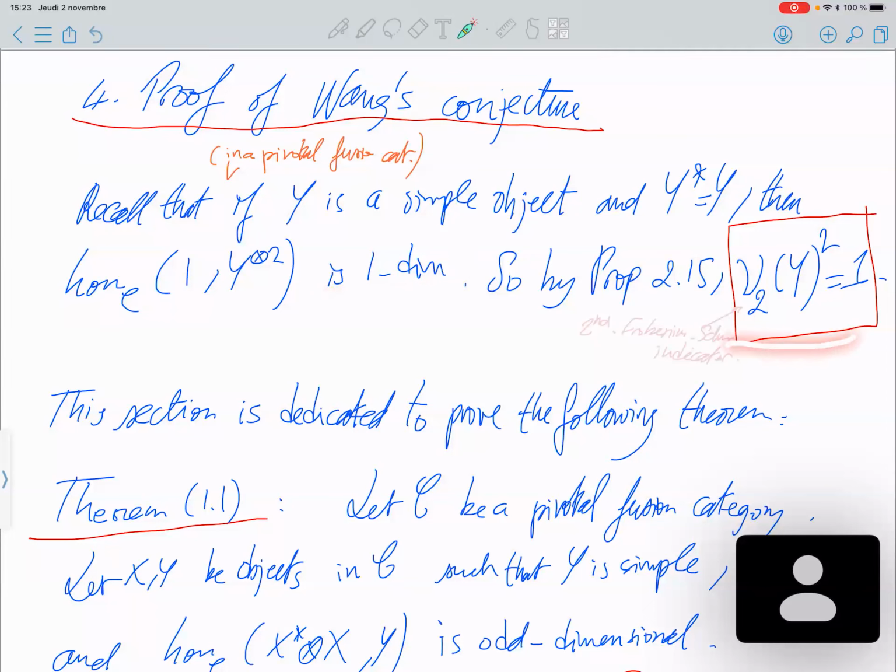And so by some previous proposition about the Frobenius-Schur indicator, this is a second root of unity, 1 or minus 1.